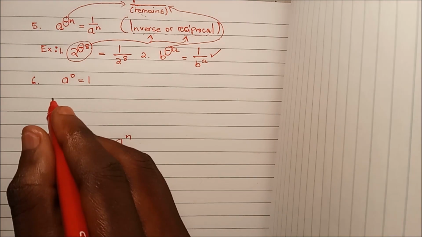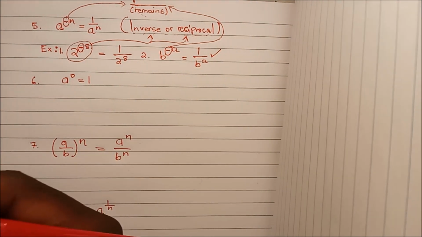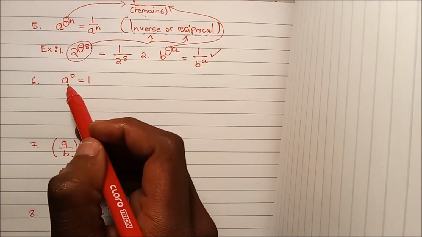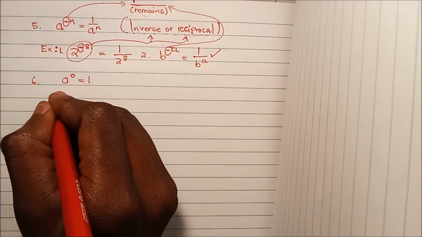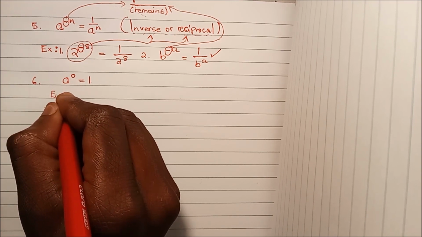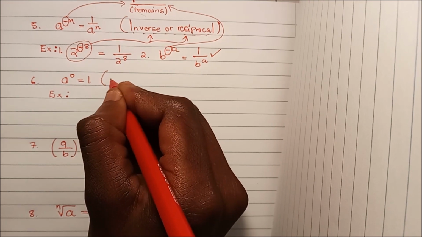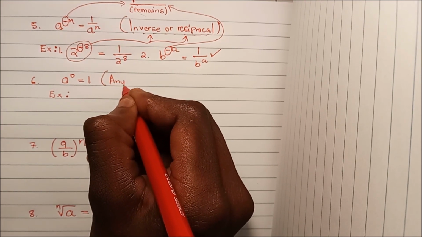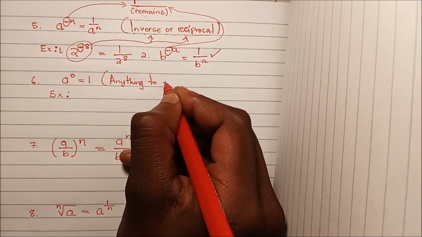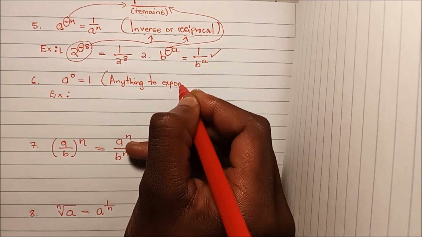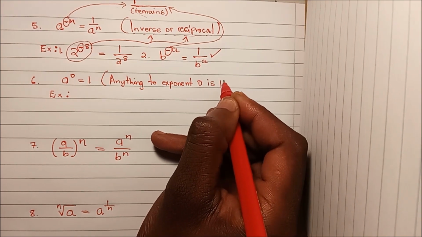So now let's come to number 6. Number 6 is not that complex or cumbersome. A to the exponent of 0 is 1. Let's take an example to understand this, or let's make a point: anything to the exponent 0 is 1.